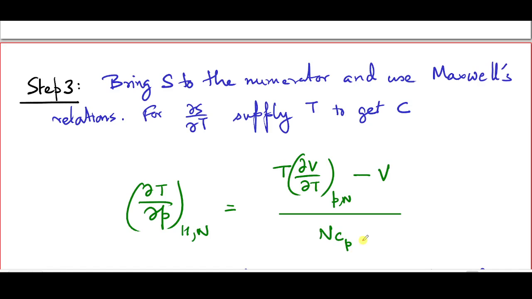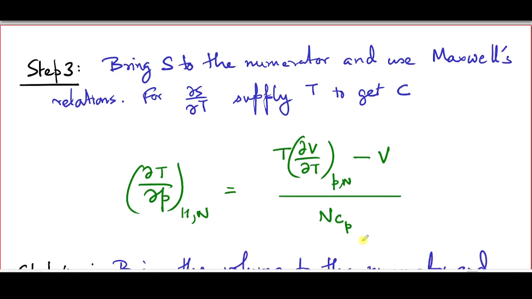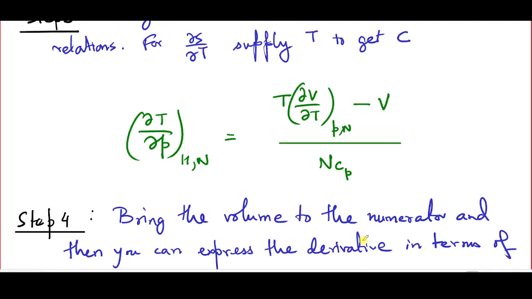Step 4 actually involves the volume, and it says that you have to bring the volume to the numerator of the partial derivative. In all of these cases, when we are saying numerator or denominator, we usually mean what is being differentiated in a partial derivative as opposed to what you are differentiating it with respect to.